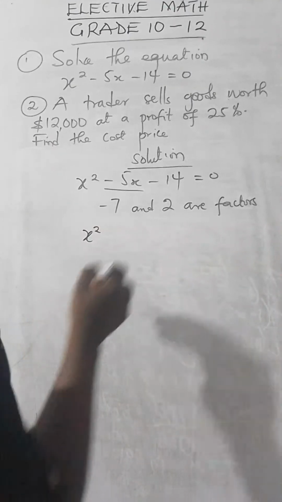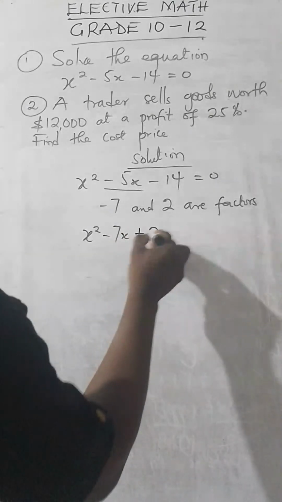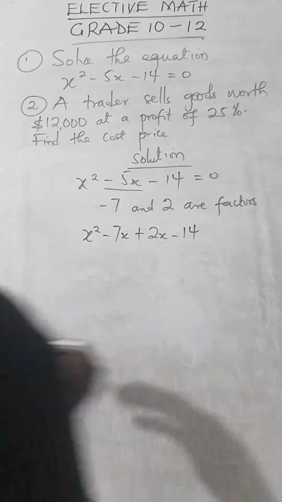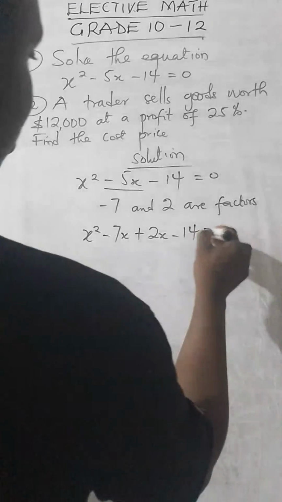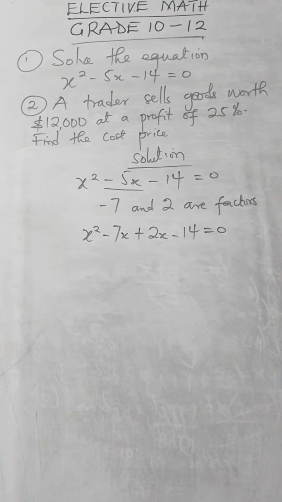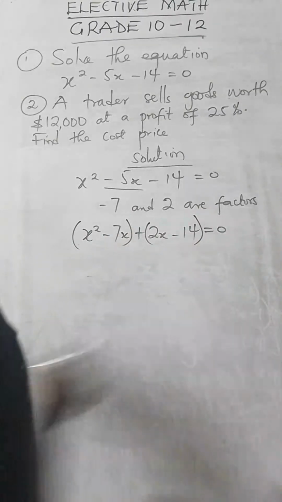So we have x squared minus 7x plus 2x minus 14 equal to 0. We have removed the x term and replaced it with the factors for the quadratic equation. From here you group it 2, 2, then you work the factorization.